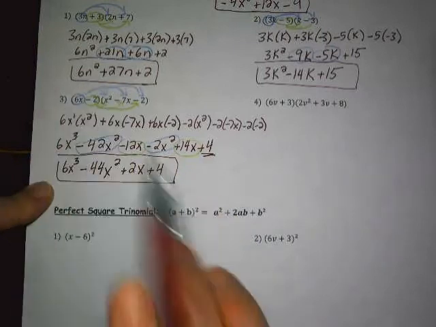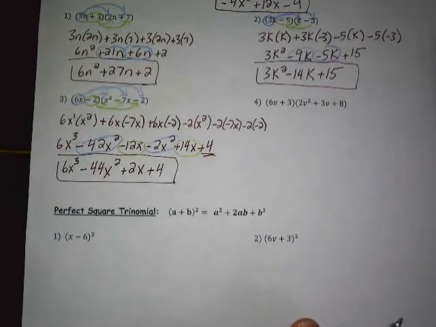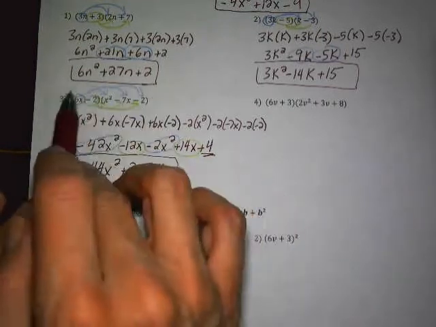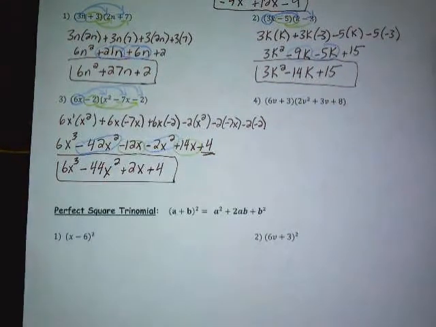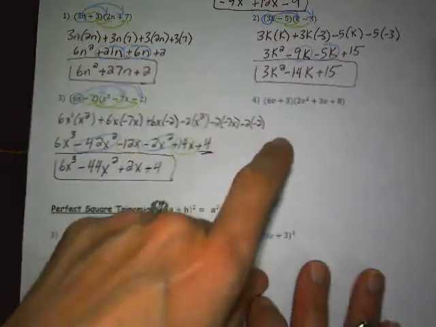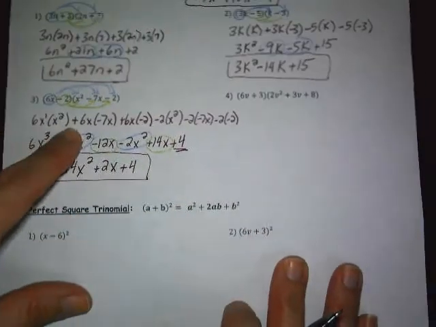So same exact thing, you just have an extra step of distributing in both the top set and the bottom set. I'm going to try to condense this a little bit more. I'm not going to write down every single step.